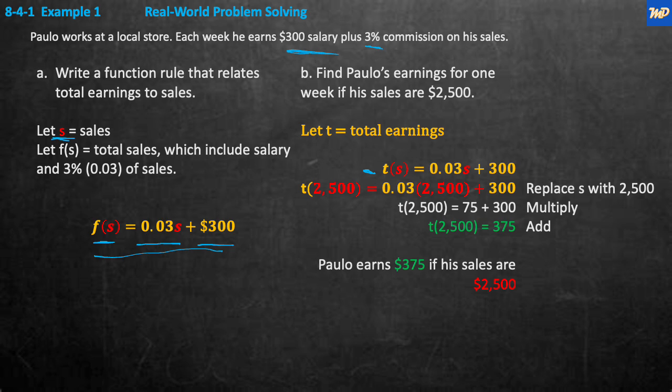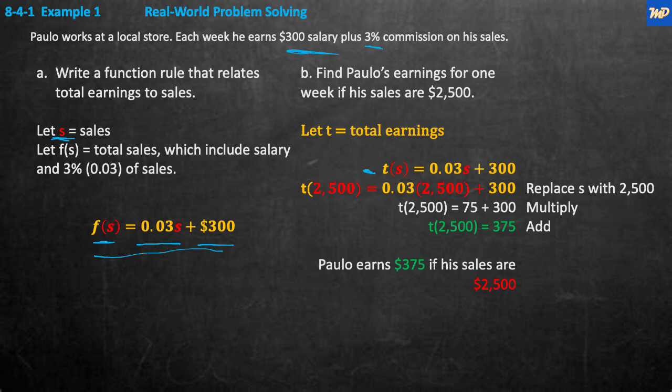T of $2,500 is equal to 0.03 times $2,500 plus $300. What are we doing? We've replaced the S in our function rule with the $2,500 domain value.